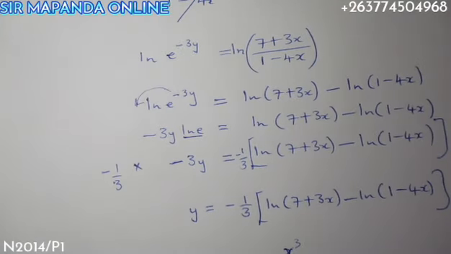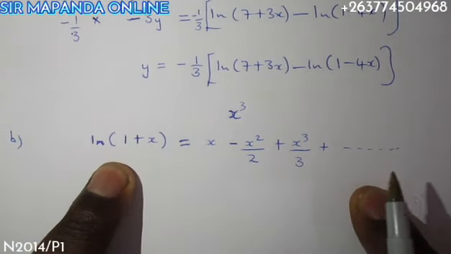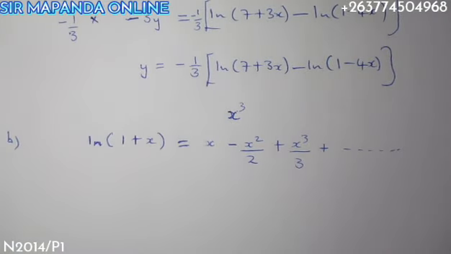You can make use of the data booklet or the list of formulas. Ln of 1 plus x is equal to x minus x squared over 2 plus x cubed over 3.